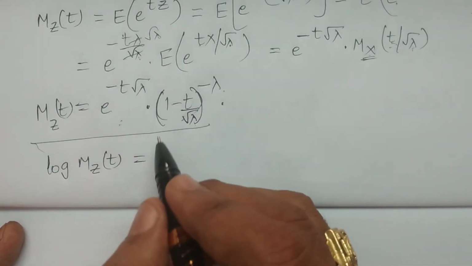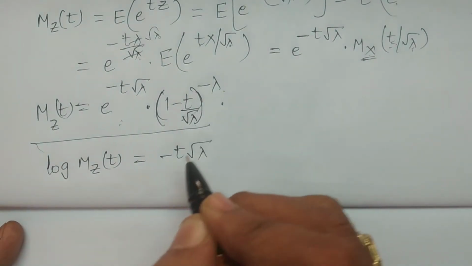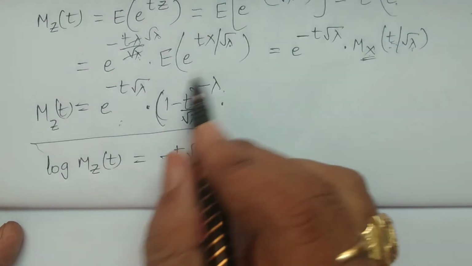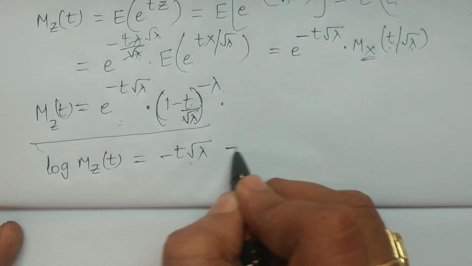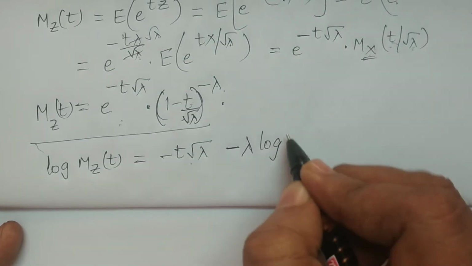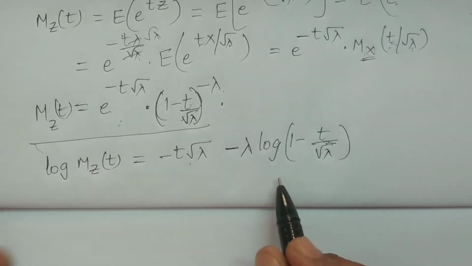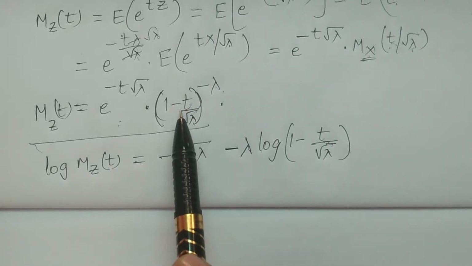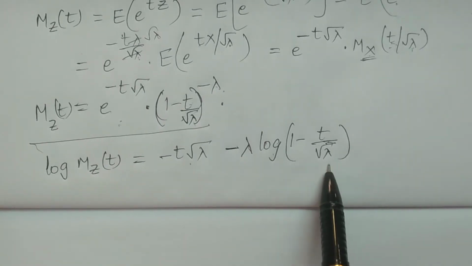Here there are two terms: log of e^(-t root lambda), that is, minus t root lambda, plus log of (1 - t/root lambda)^(-lambda). Because of the power, we have minus lambda times log(1 - t/root lambda). This is the second term.